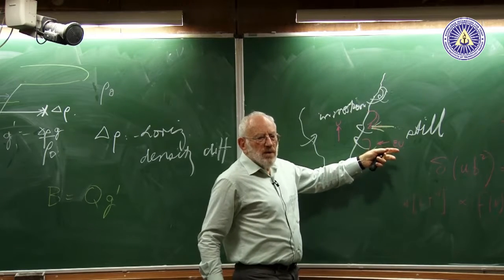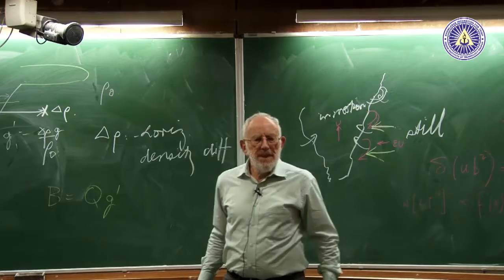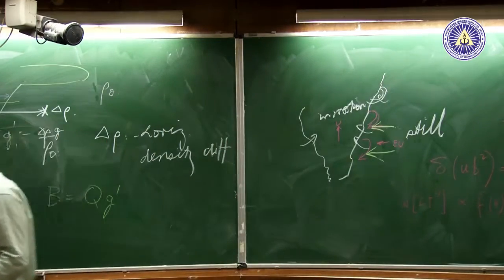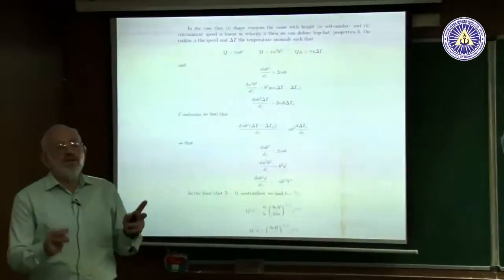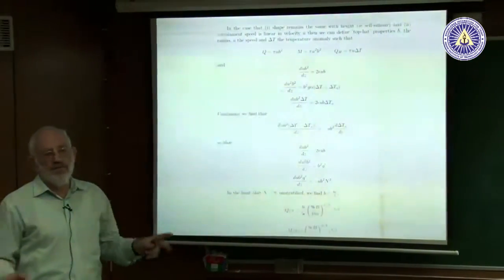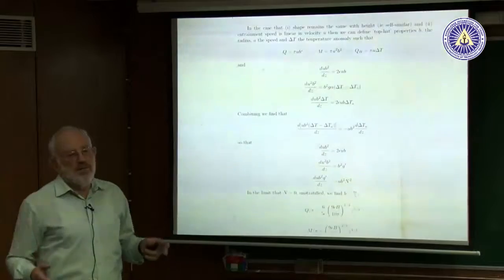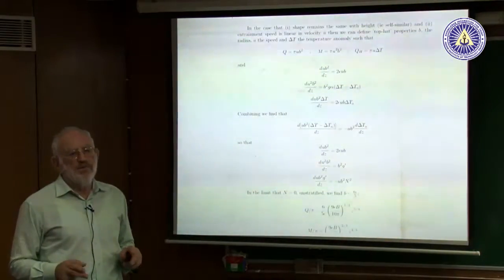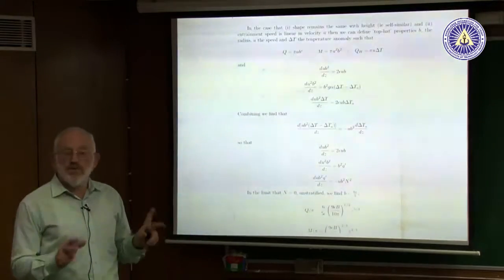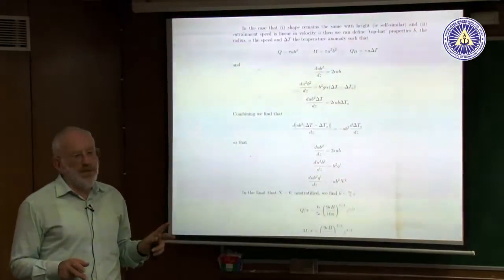It depends on the constant. What is not at all obvious is that the constant is going to be the same independent of whether it's a really gigantic plume or a little plume. Absolutely correct. That is definitely an assumption which has turned out to be remarkably accurate.